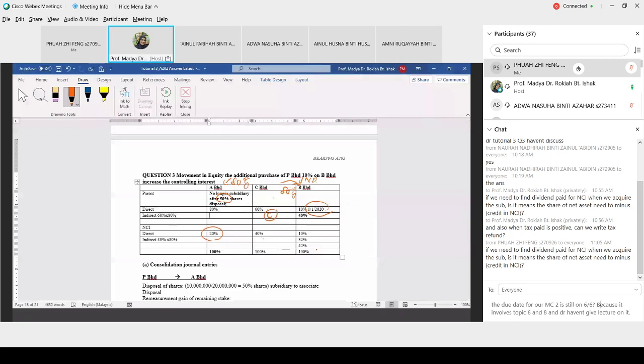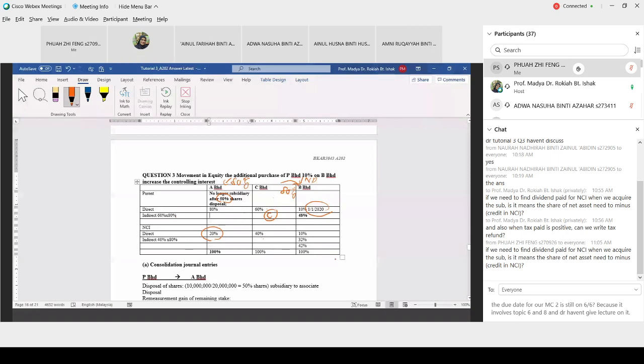So we have 60% times 80%, which gives 48% indirectly. So for 10 and 48, you're going to have 58.